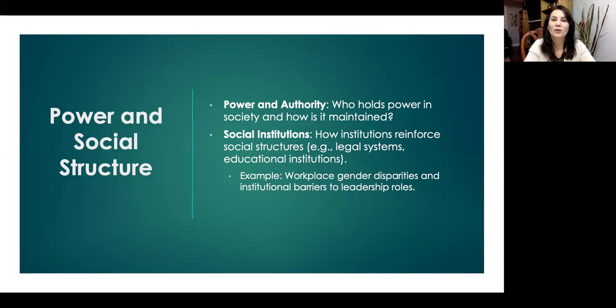For example, when we think about the two sexes, men and women, men are historically more powerful than women. If we think about class, the rich class is more powerful than the poor class. If we think about race, the white race has been more powerful than the dark race, right? So there are power relations in society.